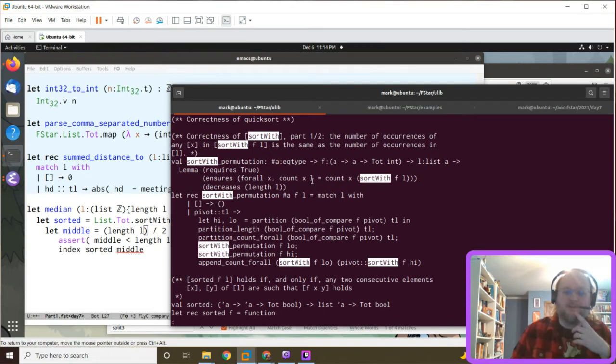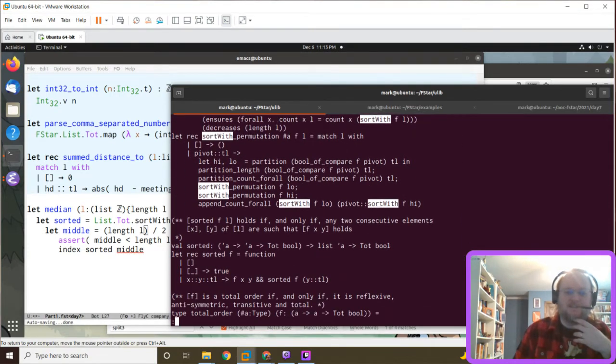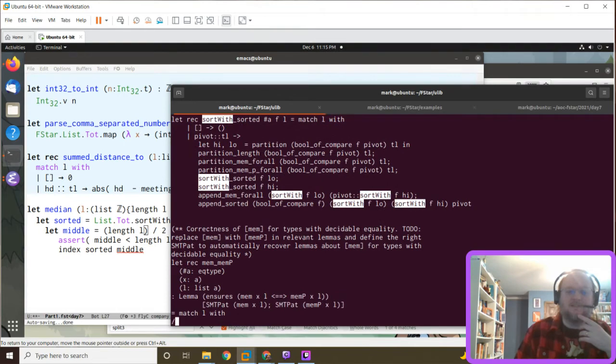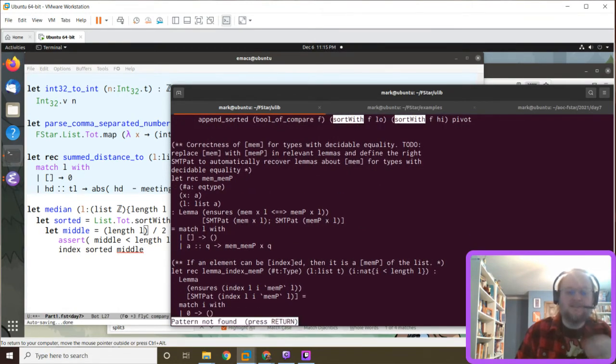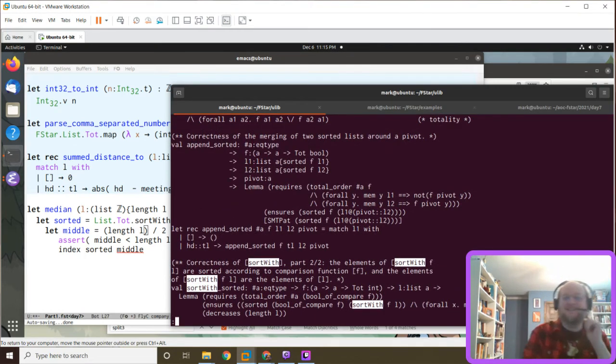Well, that shows it's a permutation. That shows it's sorted. But does anything show it's the same length?